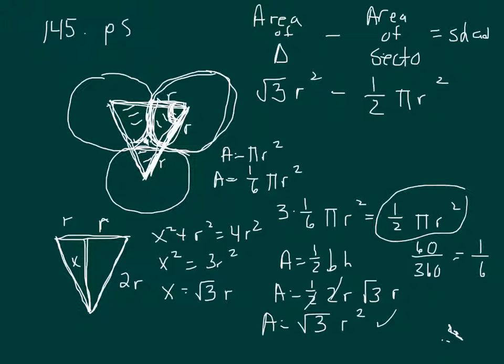And that's going to equal that 64 stuff, but I don't have room here. Let's go to another slide before we do the math. So I've got square root of 3 r squared minus 1/2 pi r squared equals 64 square root of 3 minus 32 pi.